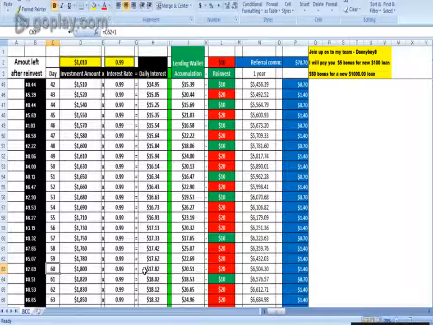Now, it starts out so that compared to any other investment, making almost $790 in 2 months. I say that it starts slow, but compared to any other investment, that's actually really fast. If you had a savings account or even many investment plans, if you had 1,000, let me see.